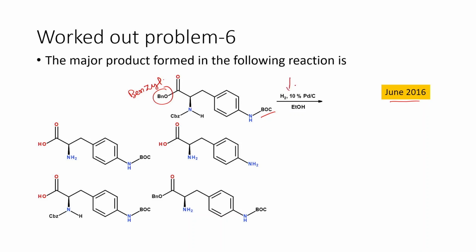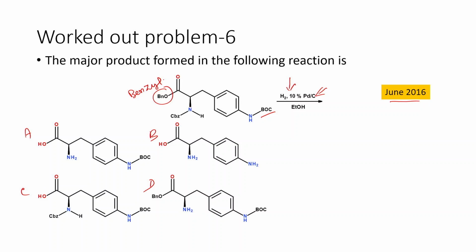This is treated with hydrogen and 10% palladized carbon in ethanol as a solvent. Now we have to know what the reagent will do and which groups will be deprotected. We have 4 combinations, A, B, C and D, the 4 different products that will be formed.